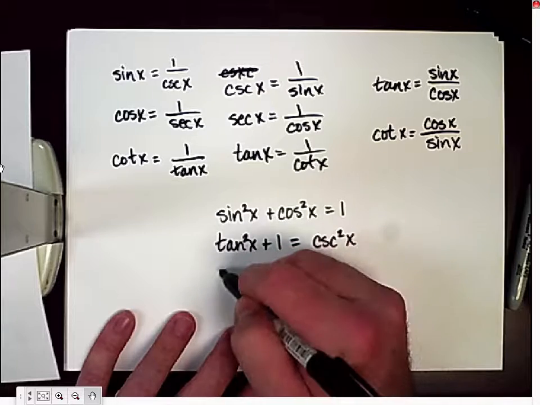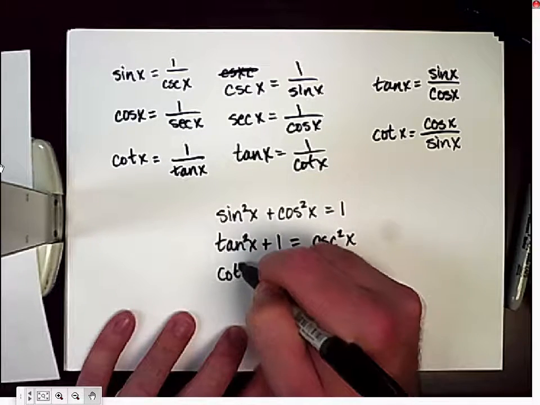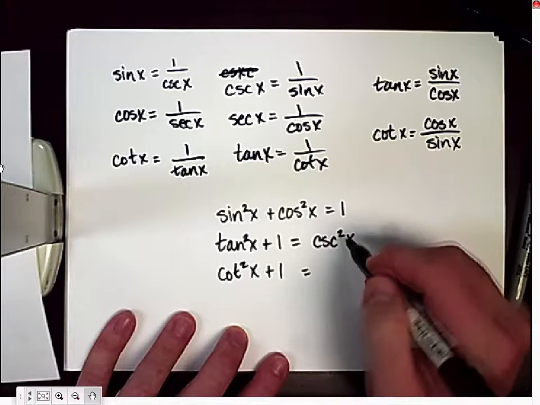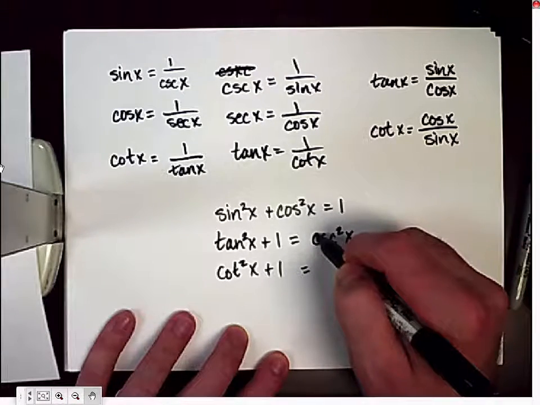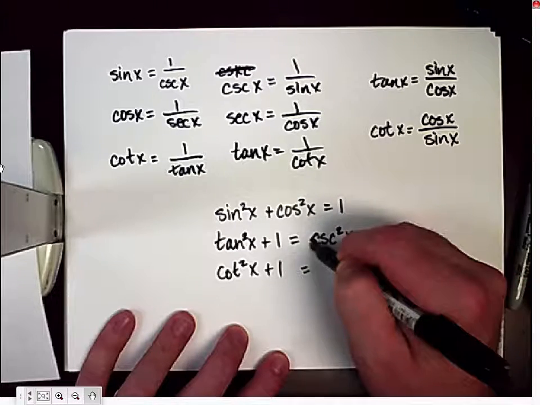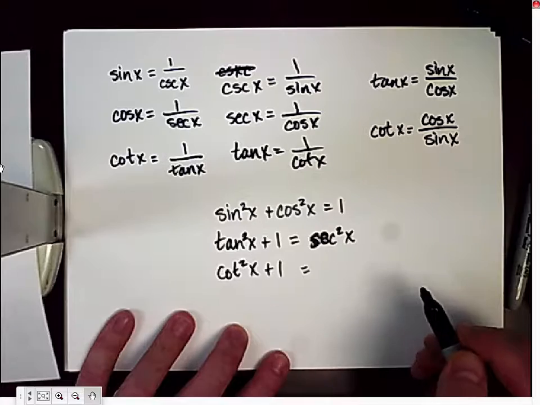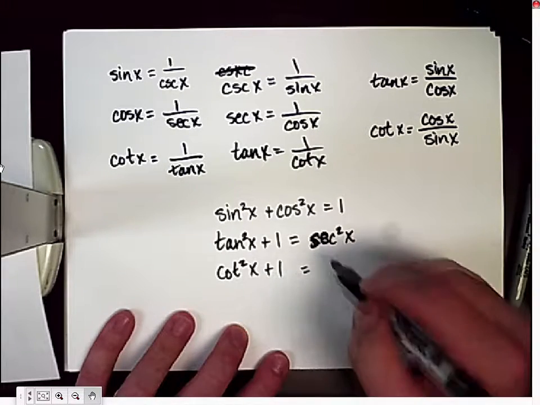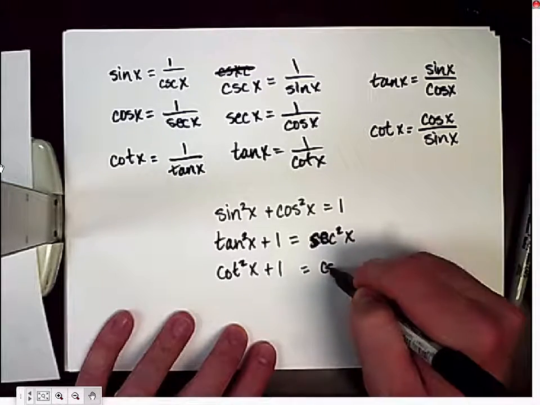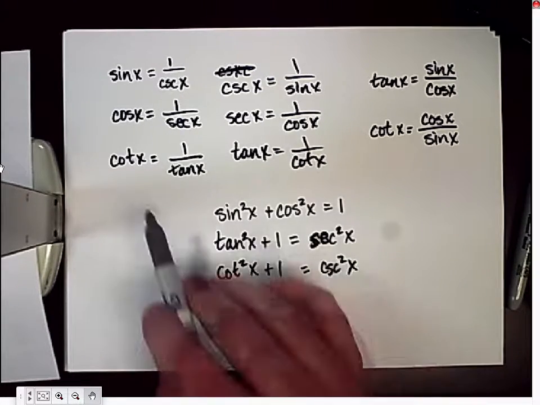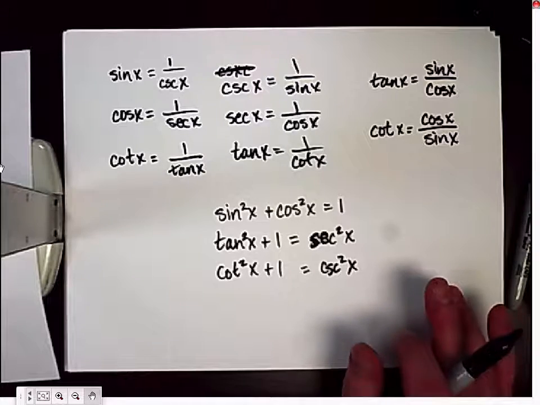And cotangent squared x plus 1 equals, this is secant. Tangent goes with secant, sorry. And this cotangent goes with cosecant. Okay? You need to have all these memorized. All right.